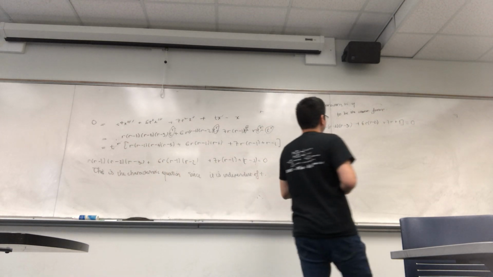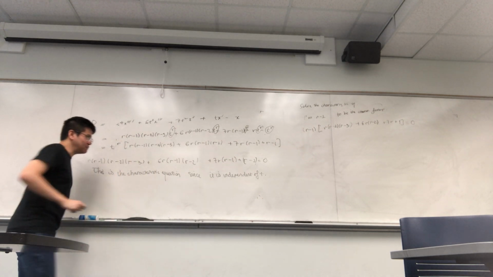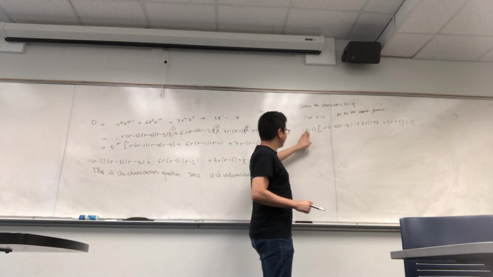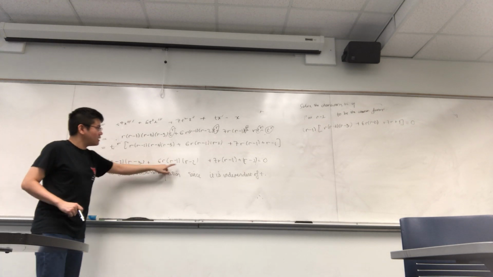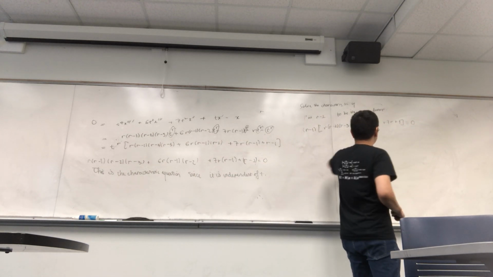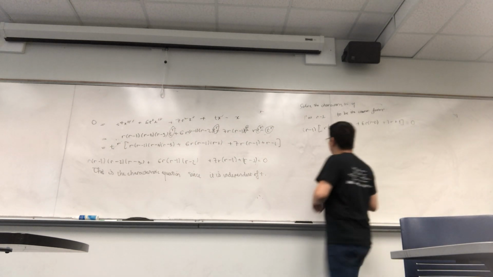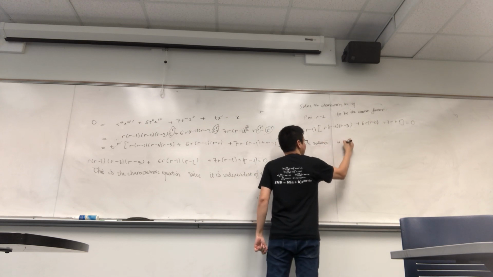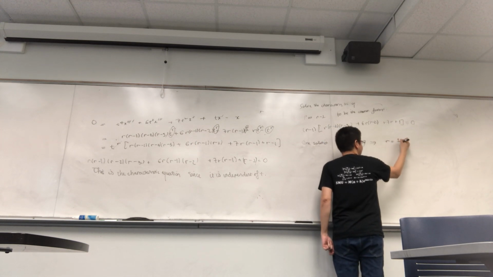To solve this equation, you see that you have r minus 1 as a common factor, so you put it outside. So one solution is r minus 1 equals 0, which means that r has to be 1, right?